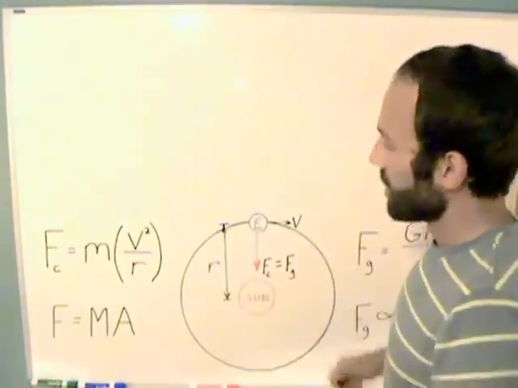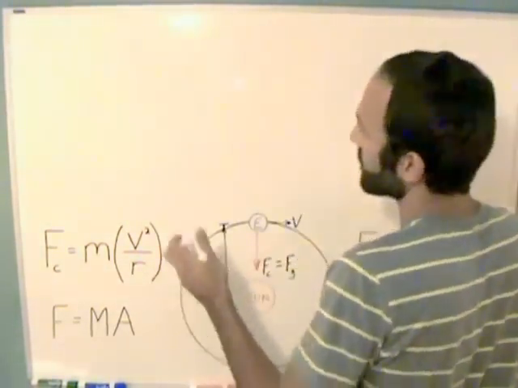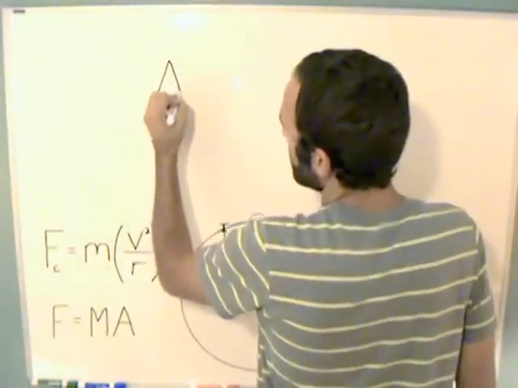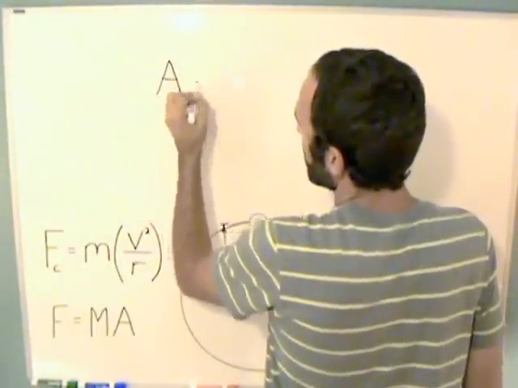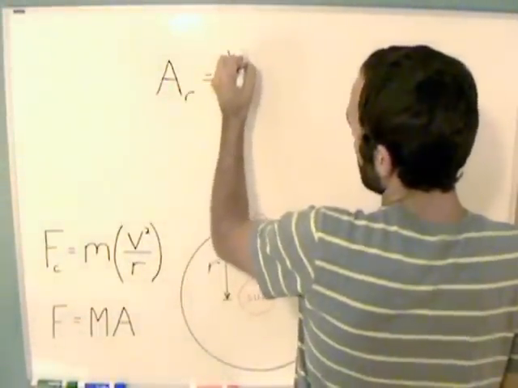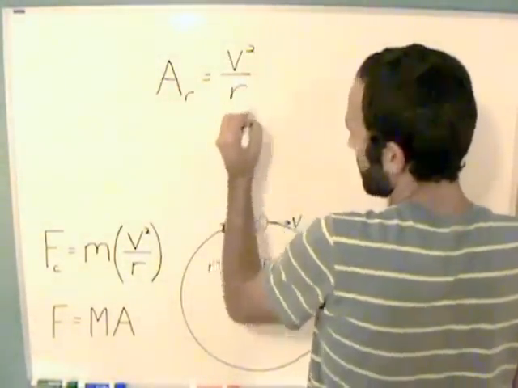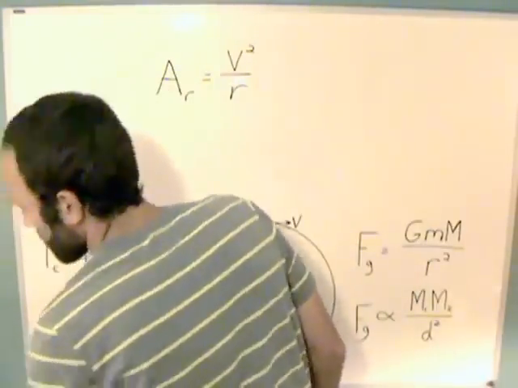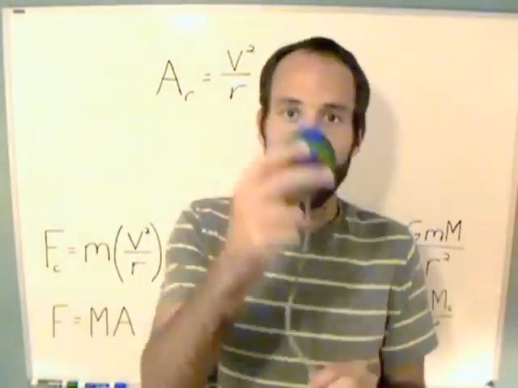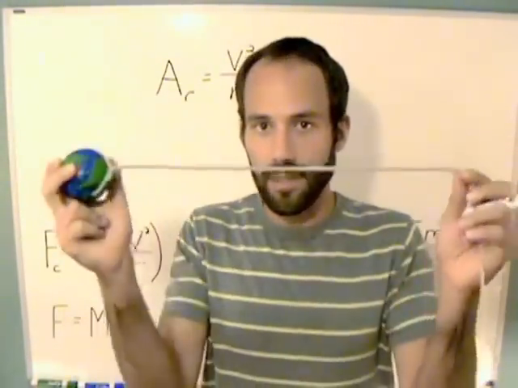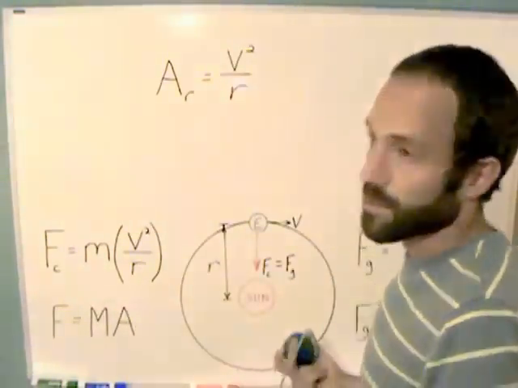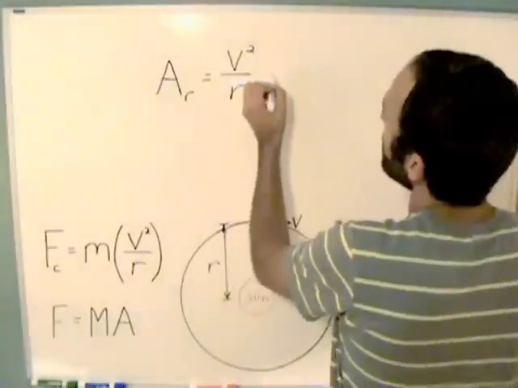Just to show how this works, angular acceleration, or centripetal acceleration, commonly called a_r, is equal to v squared over r. And let's say, just for a quick example, that when I'm spinning this, it's traveling at 1 meter per second, and the length of this string is 1/10 of a meter, just to keep it easy, which is 0.1 meters.